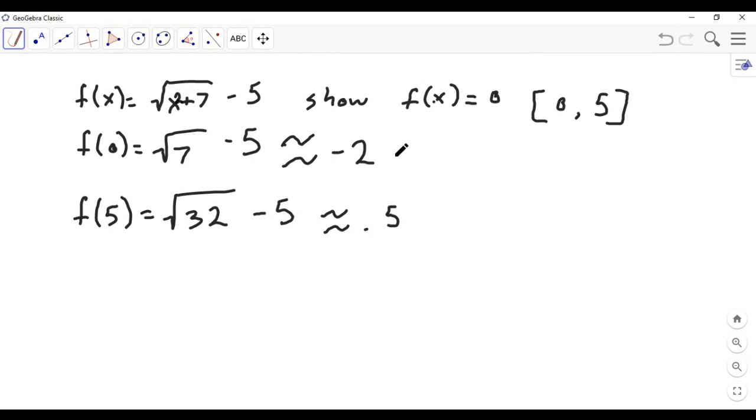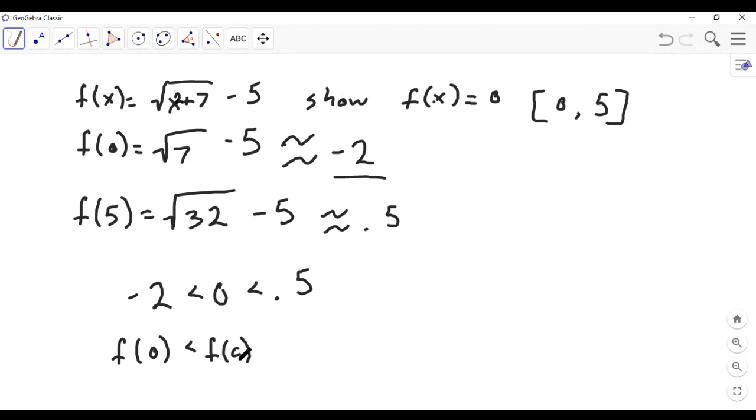And then because this negative 2 is smaller than 0, which is in turn less than 0.5, we can say f of 0 is less than some value k, or some point c, which is in turn less than 0.5. So then by the intermediate value theorem, we have to have some kind of 0 on this interval. Does that make sense?